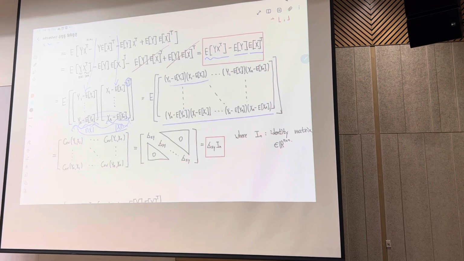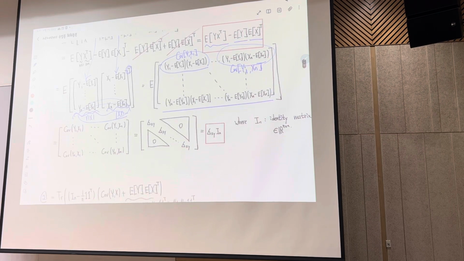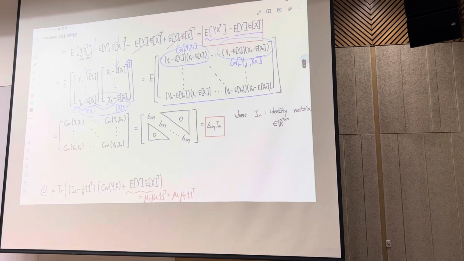Then we can calculate this one. This one is covariance of y1, x1. This one is the covariance of y1, xn. Then y1 and xn are independent. So covariance of this term will be 0.